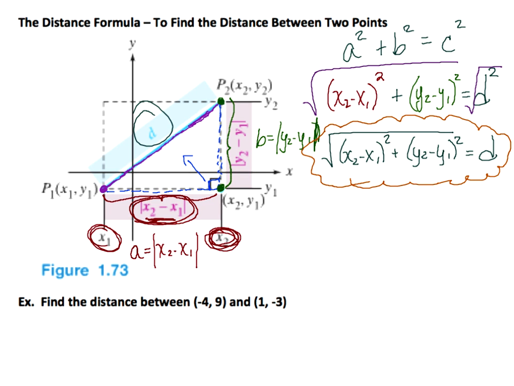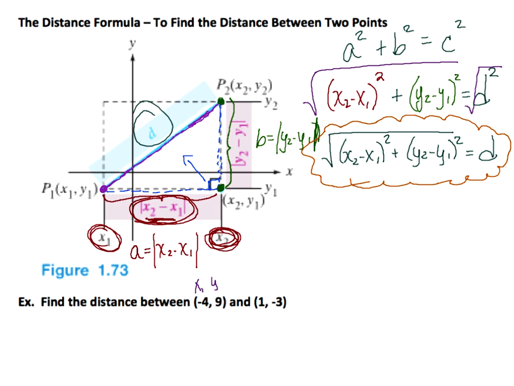And then, now that you have that formula, all you have to do is have your endpoints of that segment, so the points that you're trying to find the distance between, and plug those points into the formula, and you can have the distance between the 2 points. So I'm going to do that example at the bottom here. The first thing I want to do is decide what point am I going to call x1, y1, and which one am I going to call x2, y2.